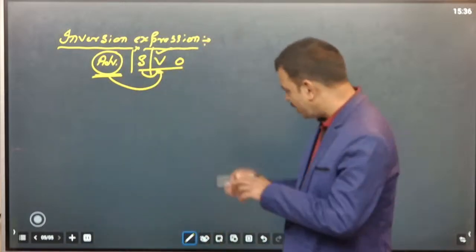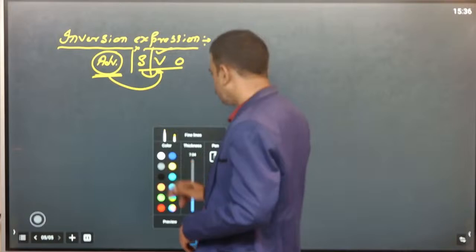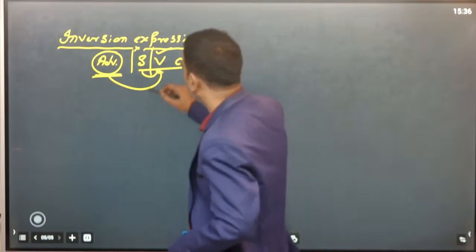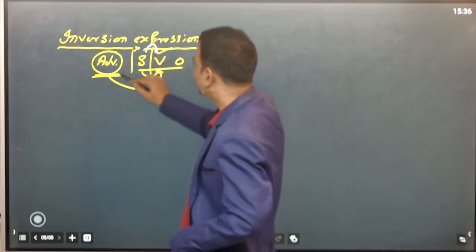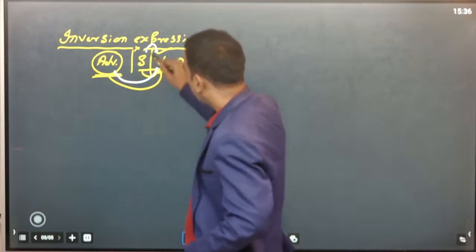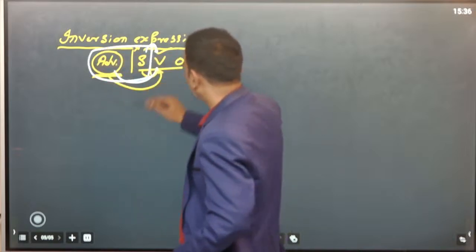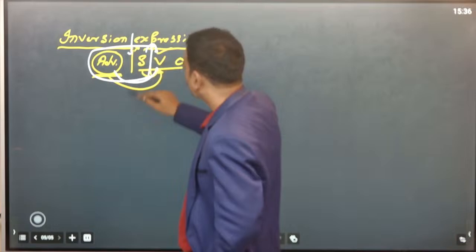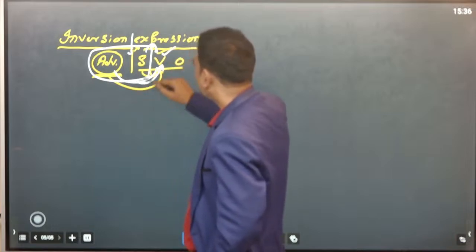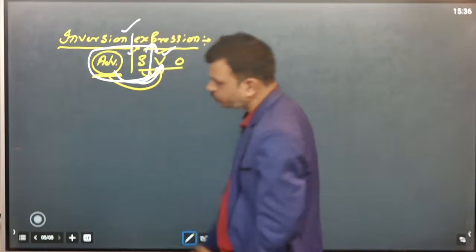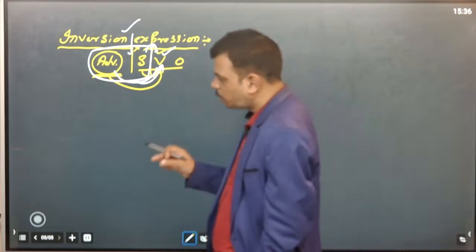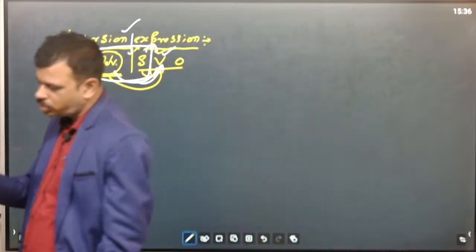It means in this case the verb has a double claim, a double relation, first by the subject and second by the adverb. So if we have the double claim or the double trouble on the verb, it is known as inversion.